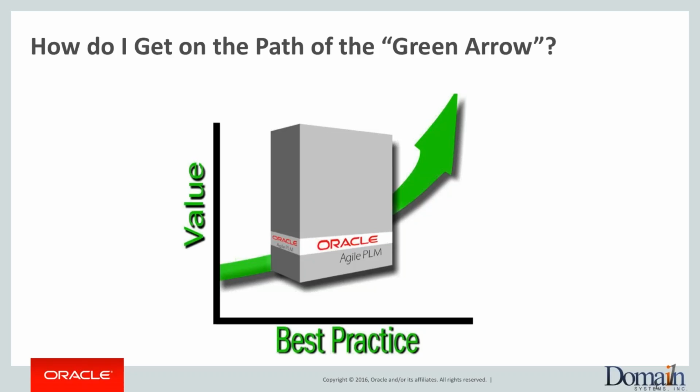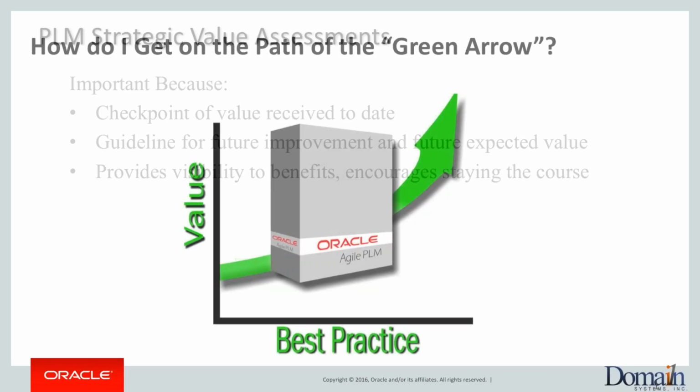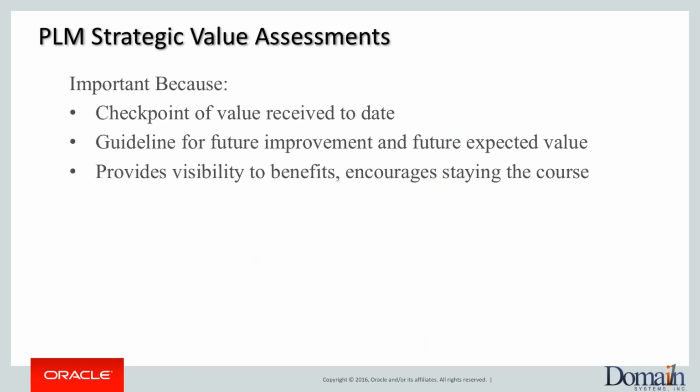So the question is, how do I get on the path, the green arrow path, where my value is going up and my best practice compliance and adoption is in line? One way that we offer to do that is performing what we call a PLM strategic value assessment. Now, why is it important to periodically do one of these value assessments?